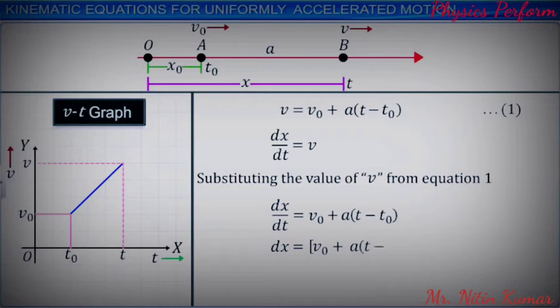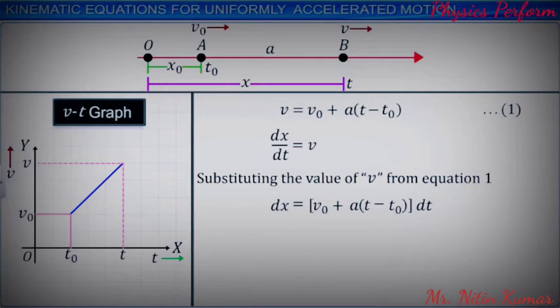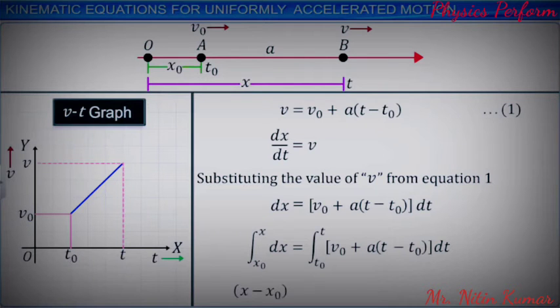Integrating both sides, we get x minus x naught equal to v naught into t minus t naught plus half a into t minus t naught whole square. This is equation 2 of motion.